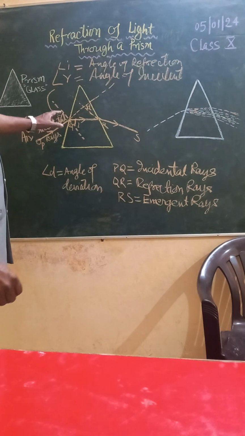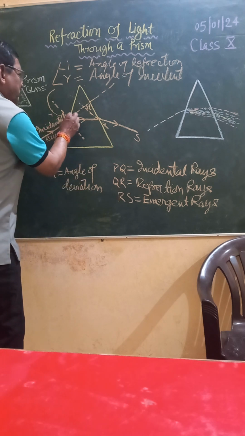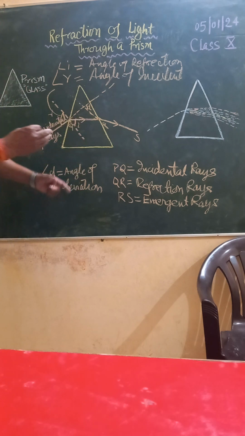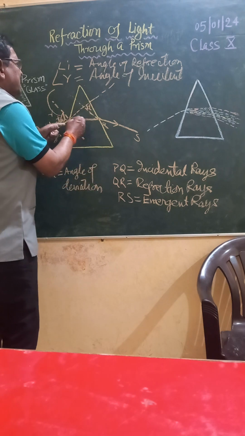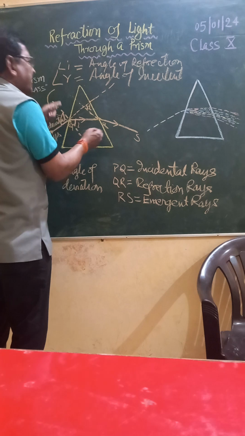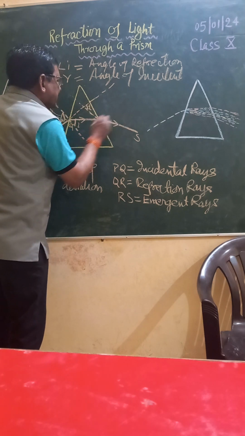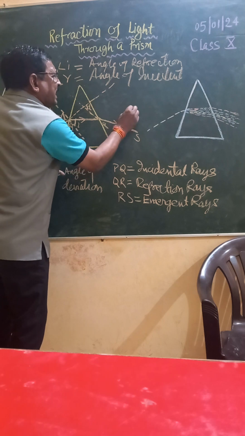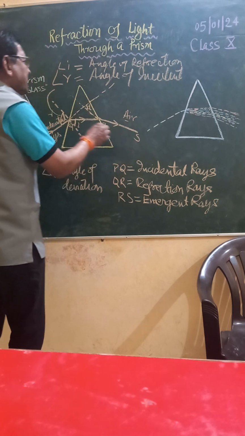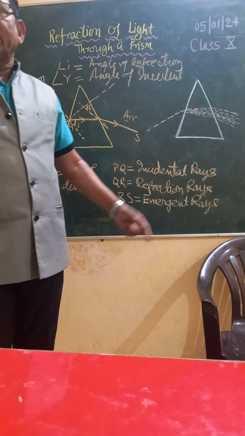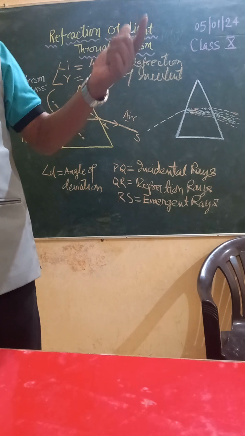Now in this what we have seen, particularly when we go to the other side, the light's medium changes, the ray's speed is also reduced, and further it moves on to the next. This is a glass medium and further it is an air medium. So when it travels, particularly we need to understand the angle of emergence.